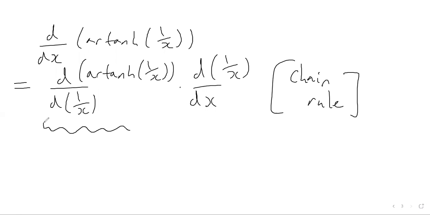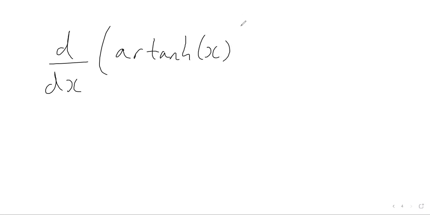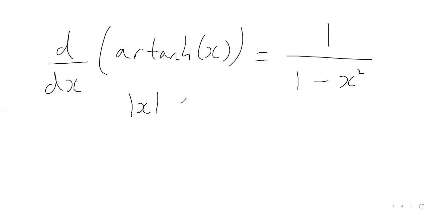Now if we differentiate this first function with respect to that variable, we know from a previous video that when you differentiate the artanh of x function with respect to x, you get 1 over 1 minus x squared. Just to remind you, the artanh of x function is only defined when the modulus of x is less than 1.